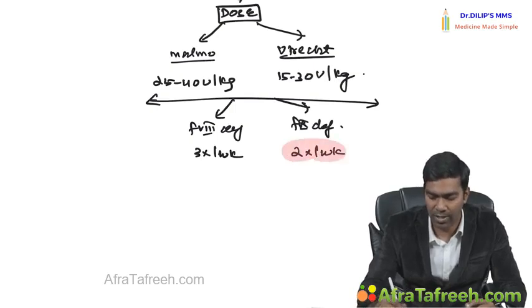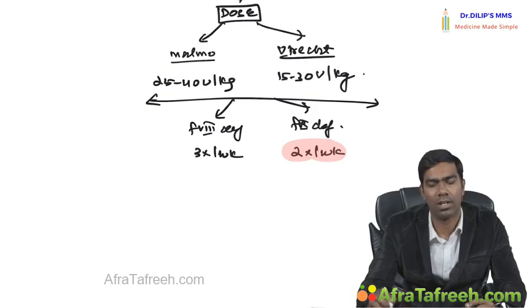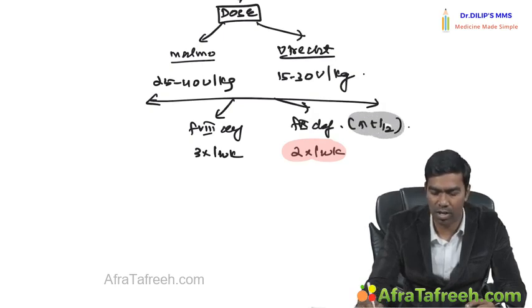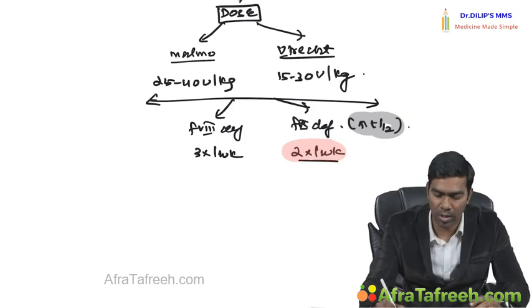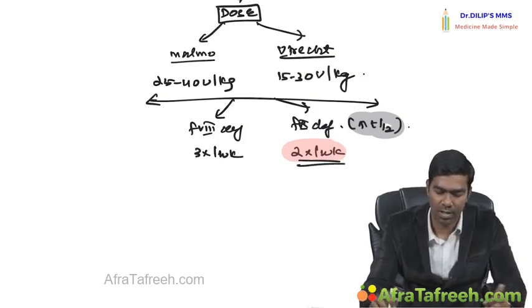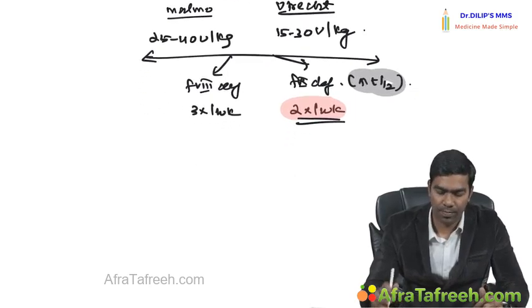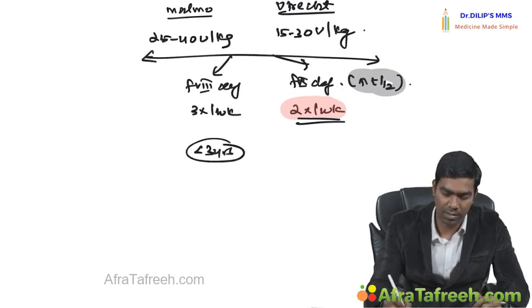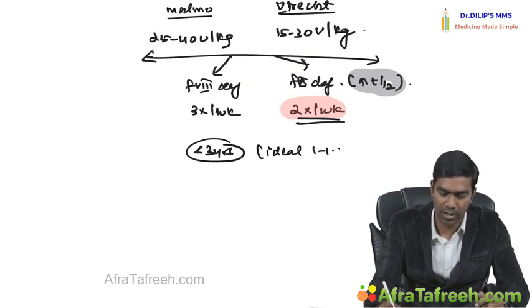Why is factor 9 deficiency alone 2 times per week? Because the half-life of factor 9 is very high. That is the reason they can circulate for a longer time, and that's also the reason why we give only 2 times per week for factor 9. But for factor 8 you need 3 times per week transfusions. Ideally we should start within 3 years of age for continuous or regular prophylaxis, but the ideal time for starting is within 1 to 1.5 years.